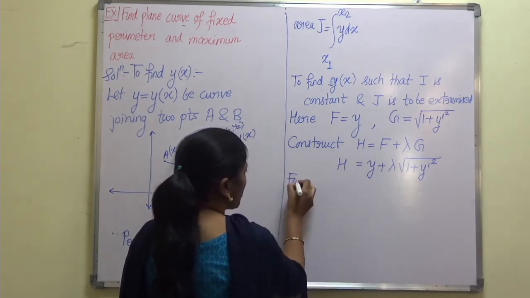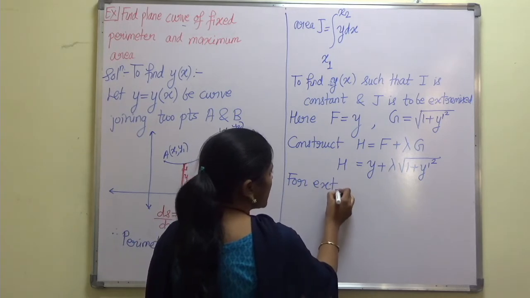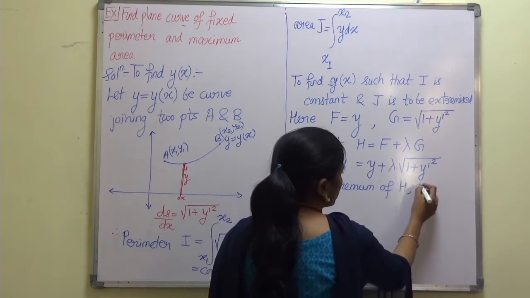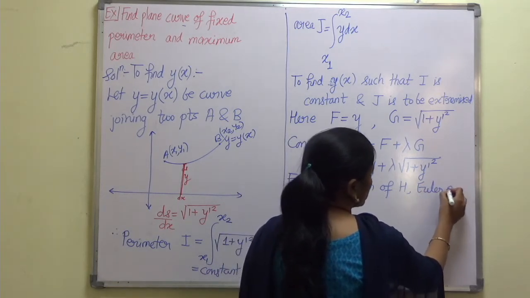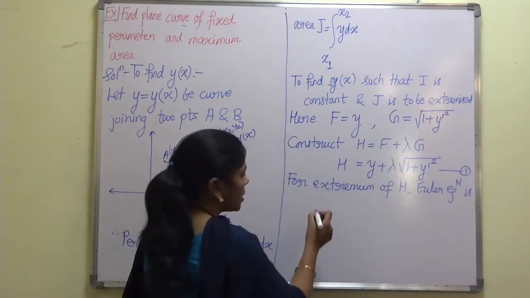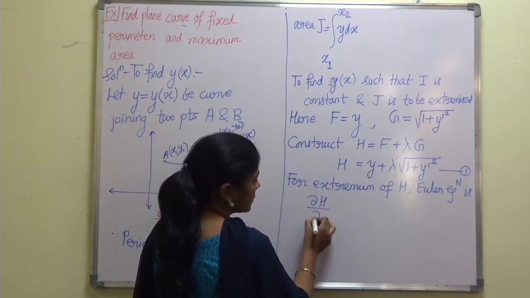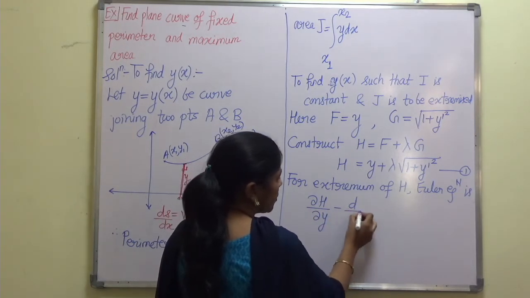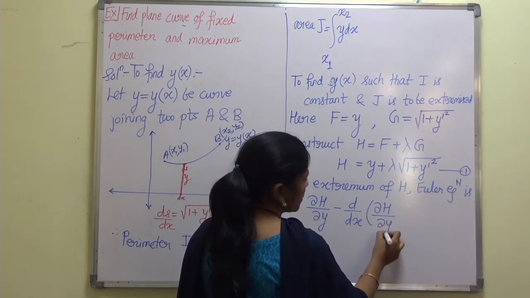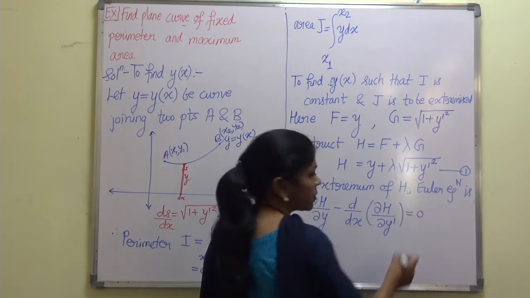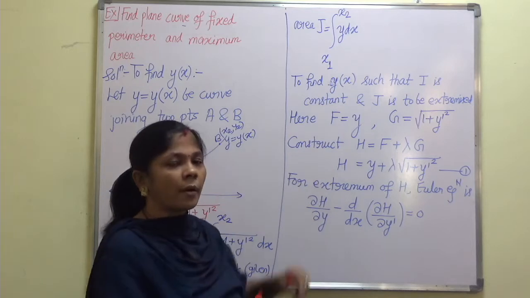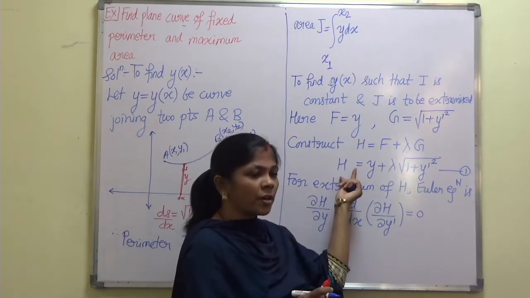For extremum of h, the Euler equation is del h by del y minus derivative with respect to x of del h by del y dash equal to 0. So our aim to extremize this functional j has now shifted to a new function h.